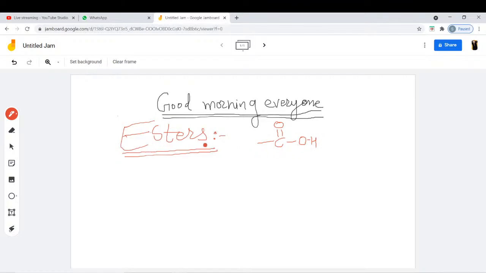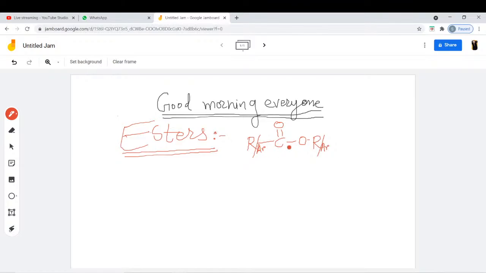But in the esters, the hydrogen atom of this carboxylic group is replaced by alkyl or aryl group. Listen here. This hydrogen atom is replaced by alkyl or aryl group. If you talk about aliphatic acids, you can also talk about the aromatic acids.